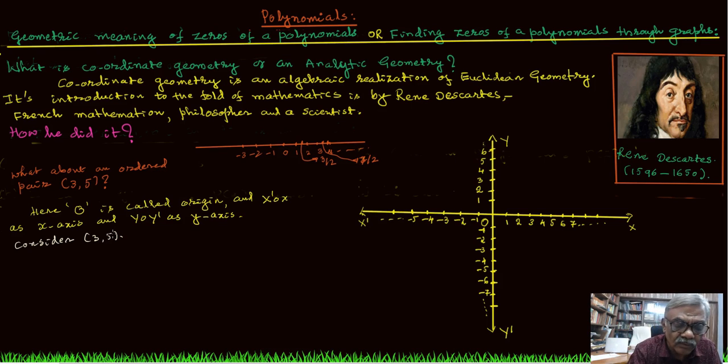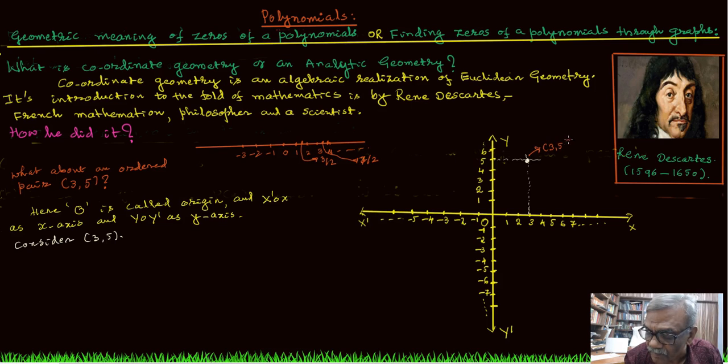Here 3 is on the x-axis. 3 is a positive integer, so we look to the right side of 0 and draw a line parallel to the y-axis, and from 5 on the y-axis a line parallel to the x-axis. The point of intersection here is (3, 5).